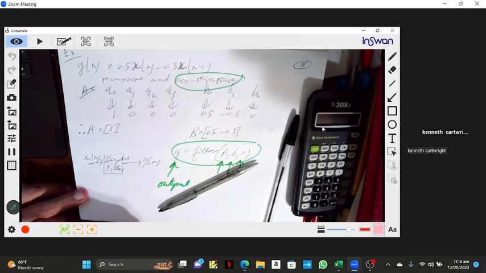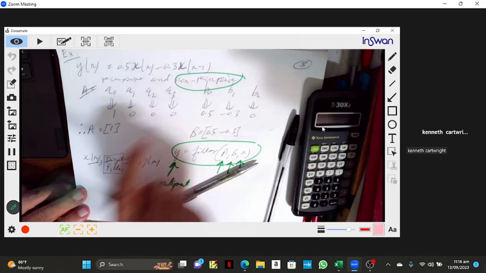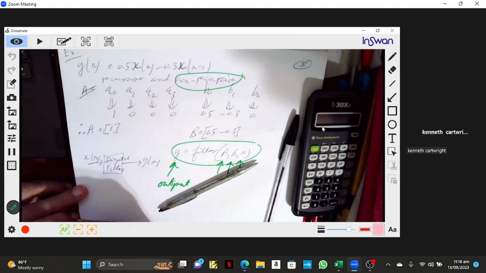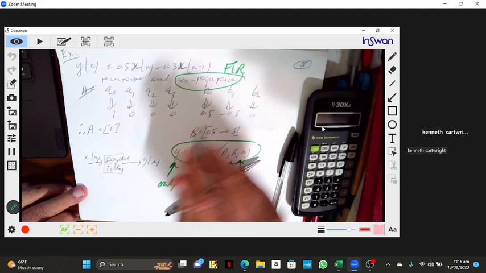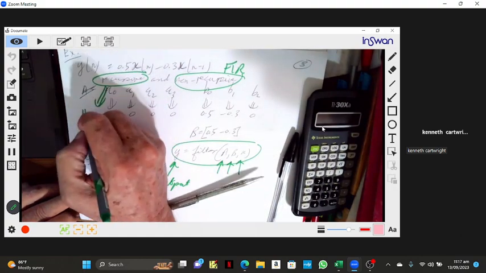Another way of saying the same thing, A0 is 1, all the other A's are 0. Non-recursive is also called FIR. And recursive is called IIR.